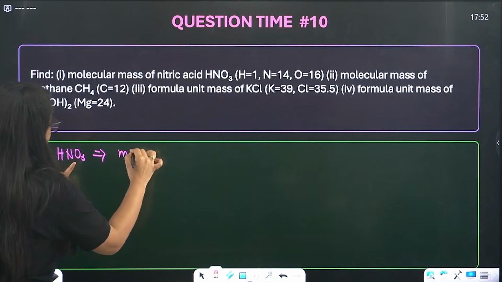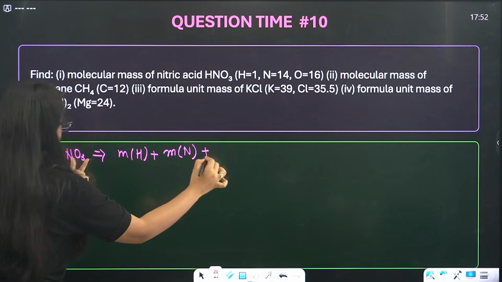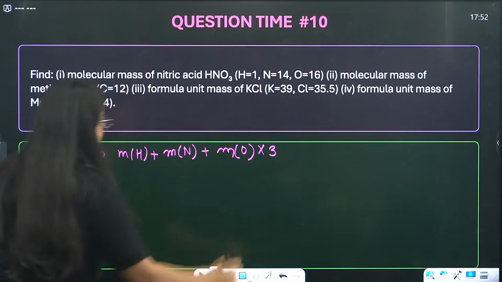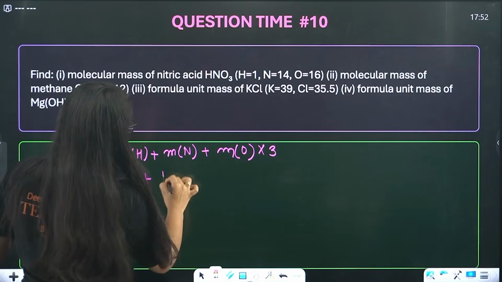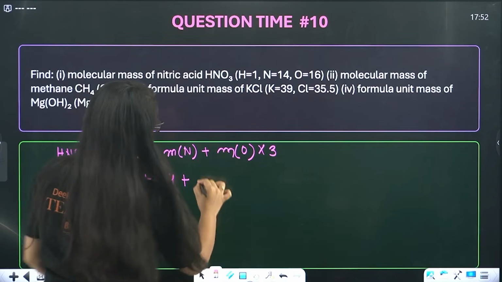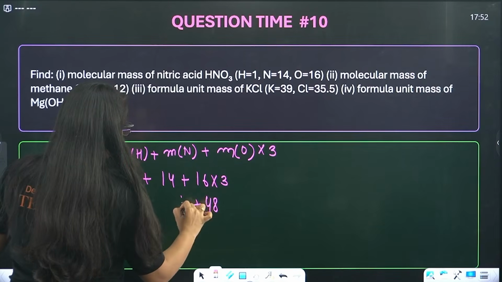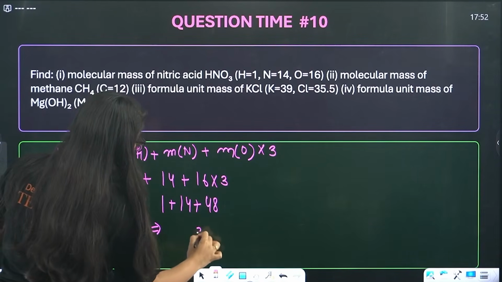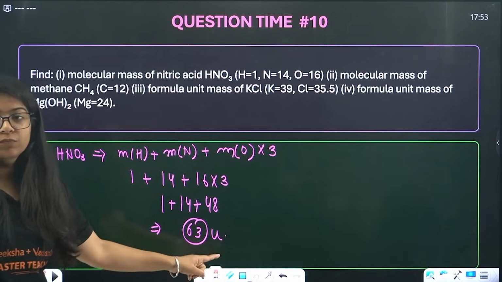Mass of hydrogen plus mass of nitrogen plus mass of oxygen, but into 3 because there are 3 oxygens. Mass of hydrogen is 1, plus mass of nitrogen is what? 14, plus mass of oxygen is what? 16 into 3. So this will be 48 plus 14 plus 1, right? So this will be 63 U, right? Don't forget to write U. That's important.